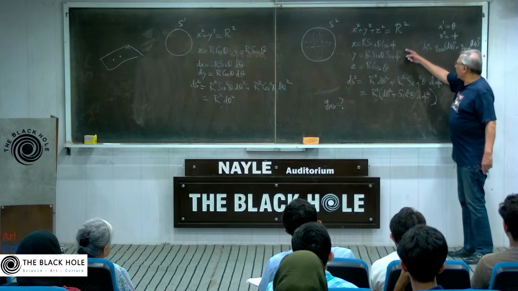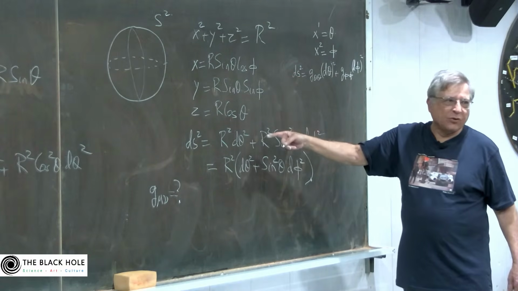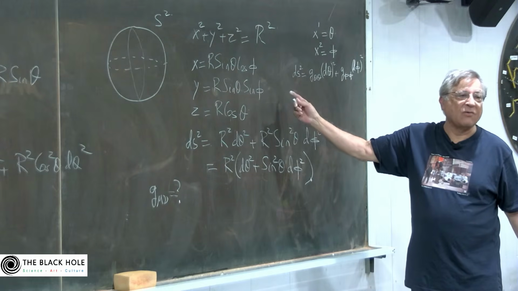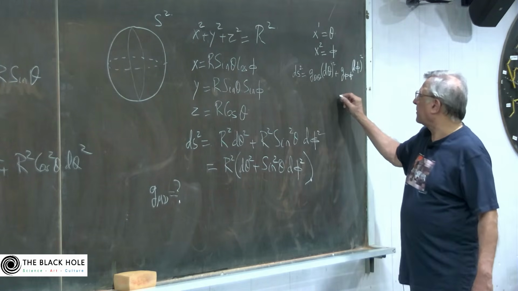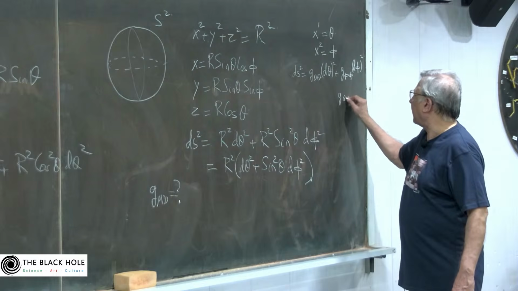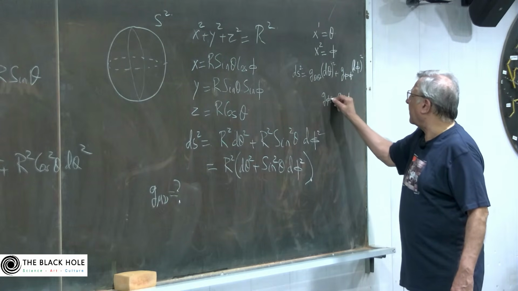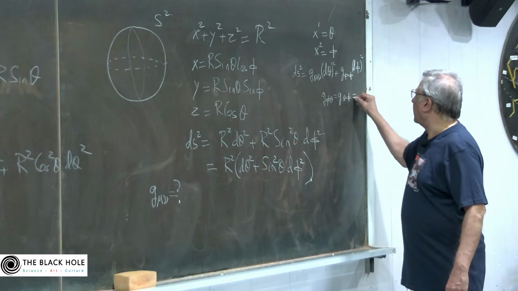If I was to do this calculation, I would see that the d theta d phi terms cancel out, and so g theta phi and g phi theta are both 0.